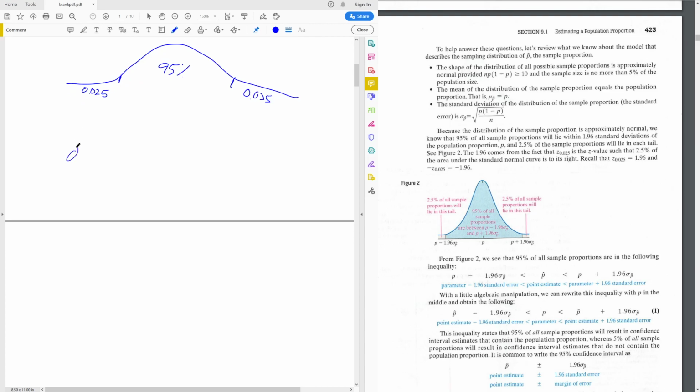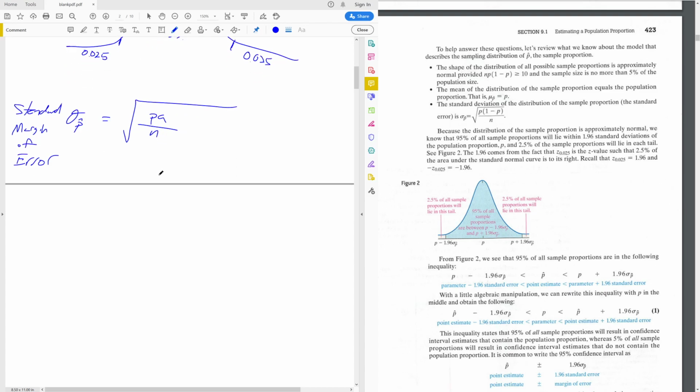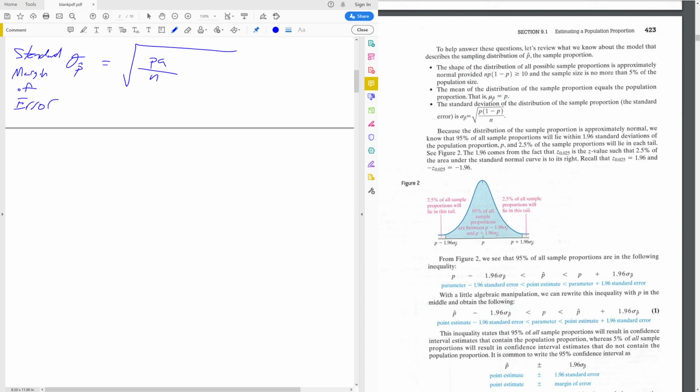So this is the standard margin of error, the square root of PQ over N, which might look familiar because we've talked about that before in terms of the sample distribution. Okay, so that's for the standard error.